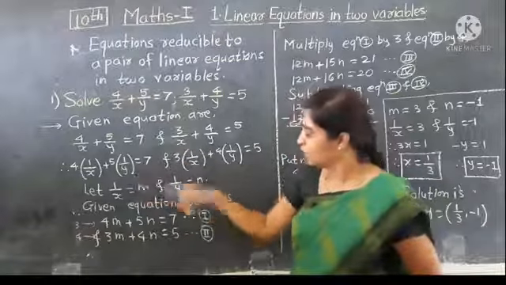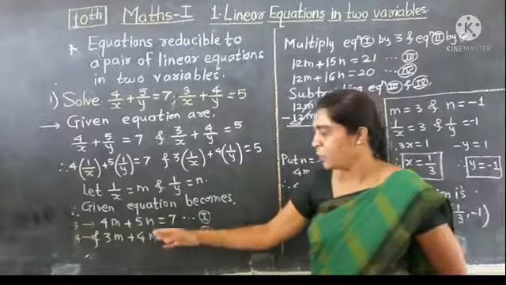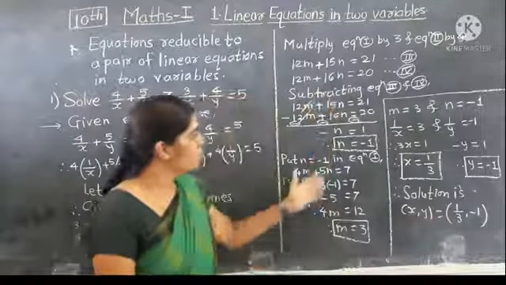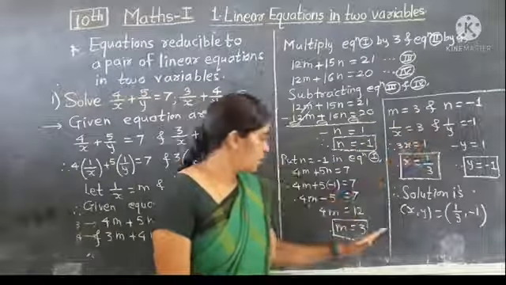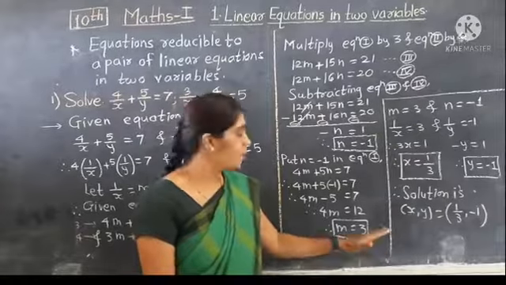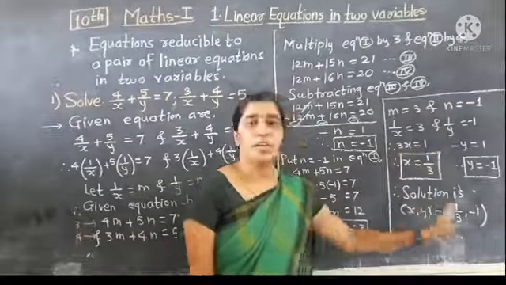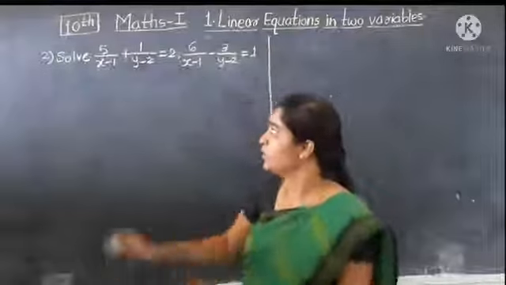Then we convert the given equation into a linear equation in two variables. And you know how to solve this linear equation. You simplify. First find the value of m and n, and the process does not stop here. Again you put the value of m and n, and simplify further to get the value of x and y.